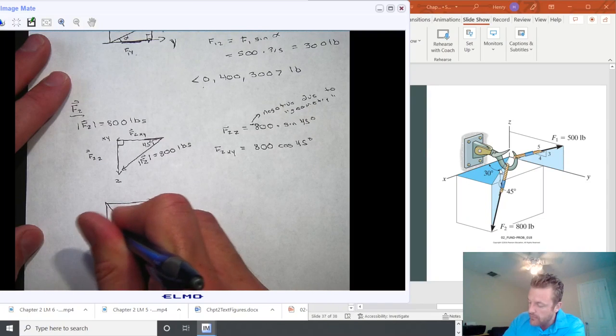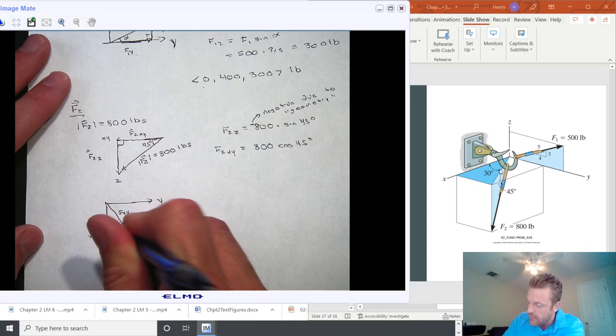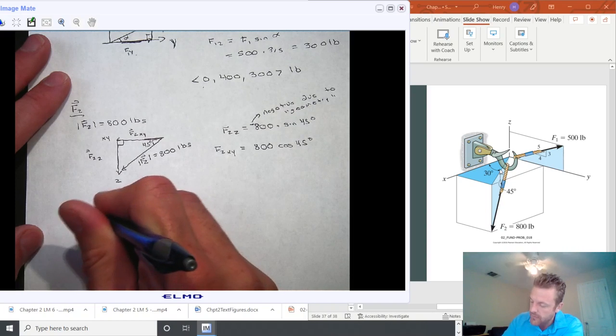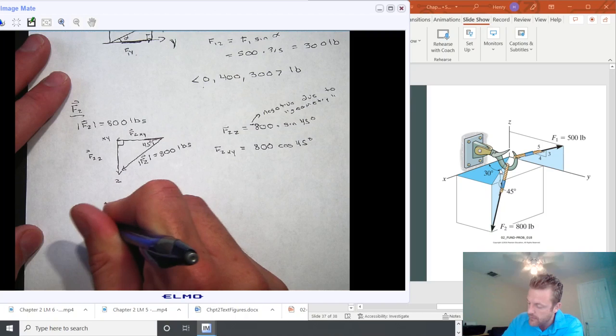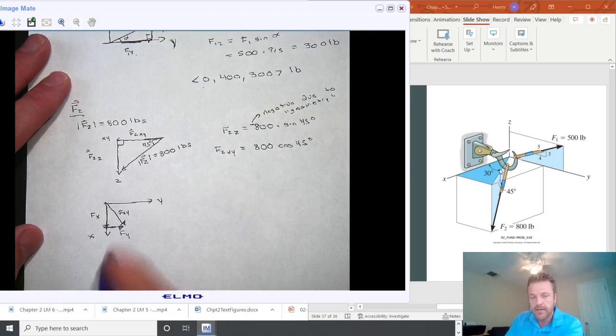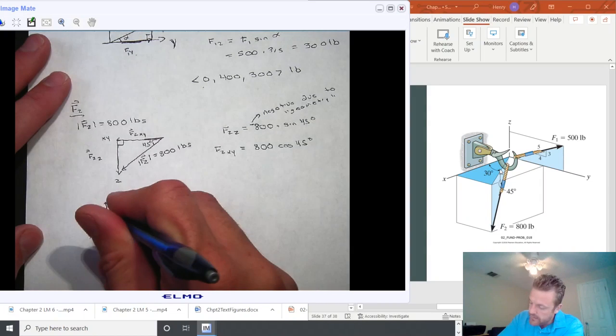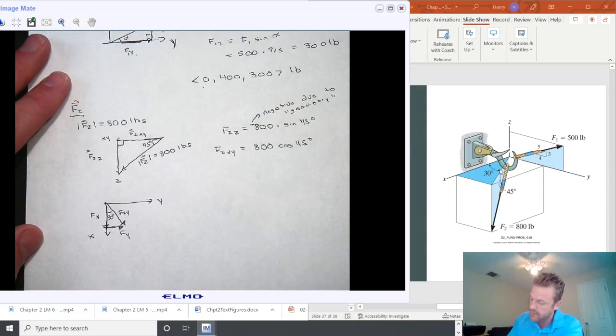It's going to have a y component, and it's going to have an x component. And if you notice, both of those, in terms of the geometry, if you close your triangle, are going to be aligned towards the positive directions, positive x and positive y. And we were told that this angle is 30 degrees.